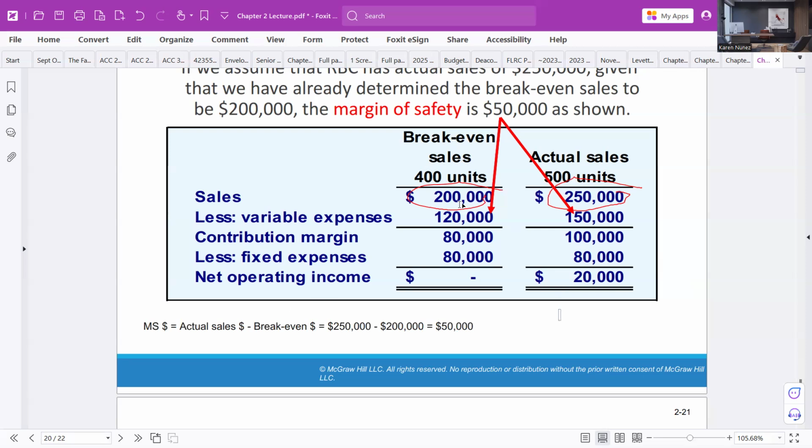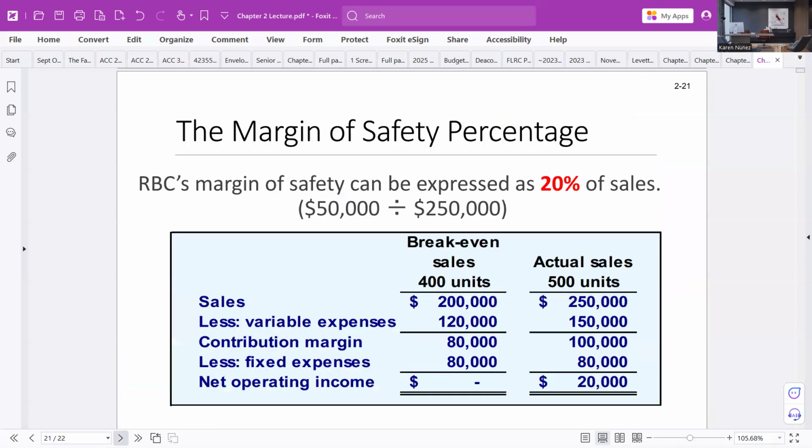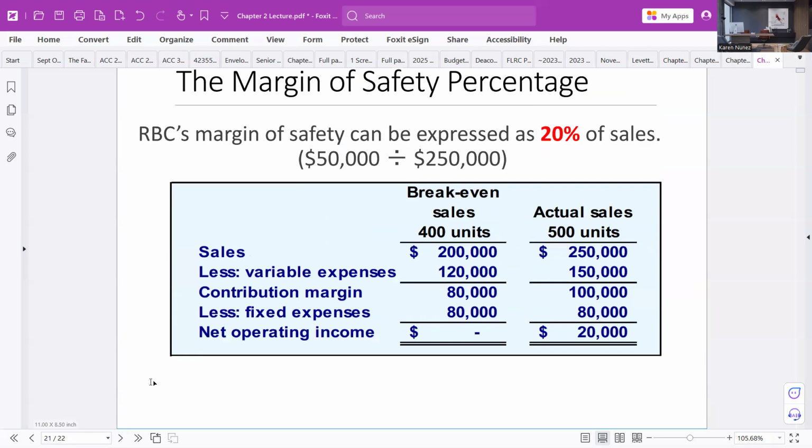And we wouldn't suffer any losses. Anything beyond that $50,000 and we're in a loss position. So the difference between actual sales of 250 and the break-even sales of 200 gives us that margin of safety in dollars. Then we can also express that margin of safety as a percentage.